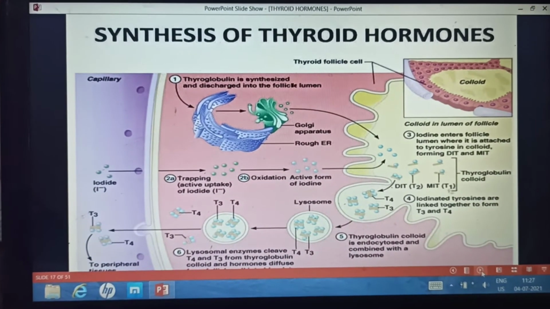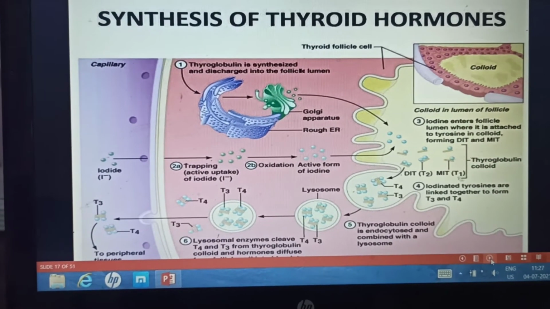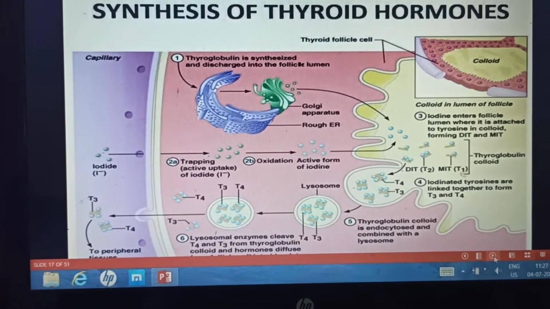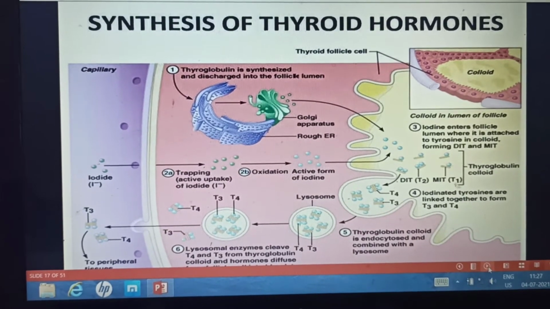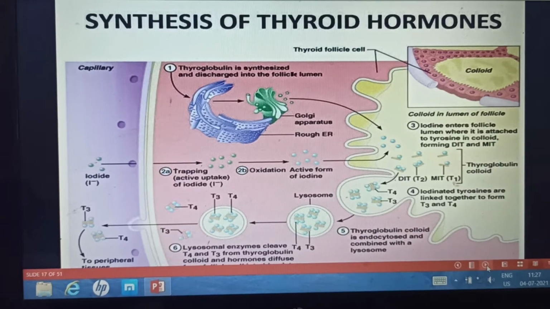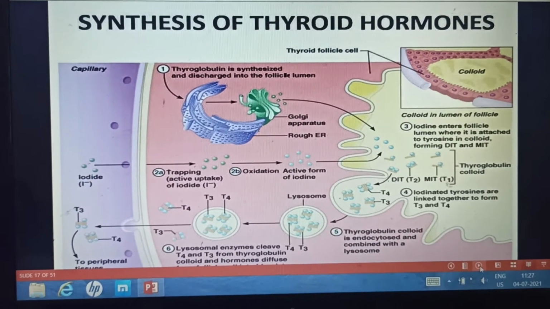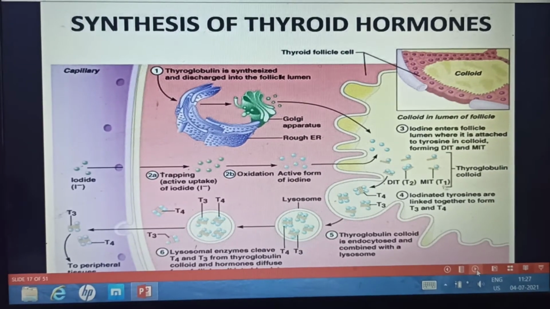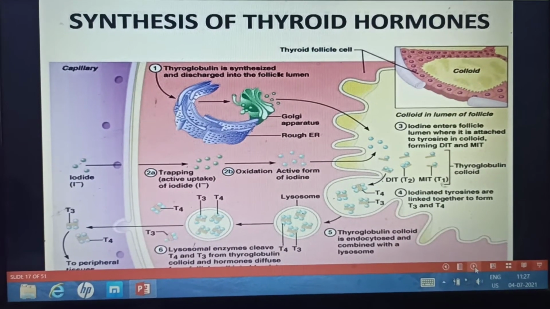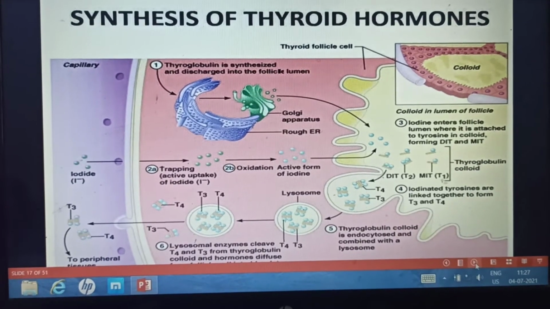It takes place by the sodium iodide symporter, which is located on the basement membrane of the follicular cell. So this sodium iodide symporter causes trapping of the iodide ion, which is the active transport process. It is under the influence of the enzyme peroxidase.